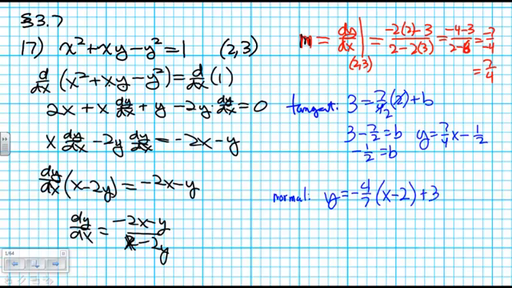Clean up, please. y equals negative 4/7 x, plus 4/7 times 2, or 8/7, plus 3.